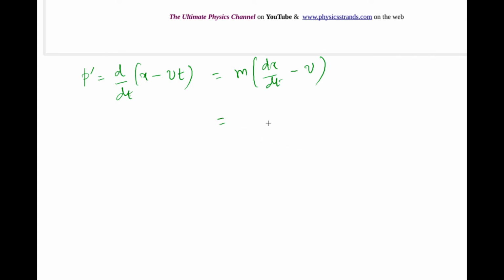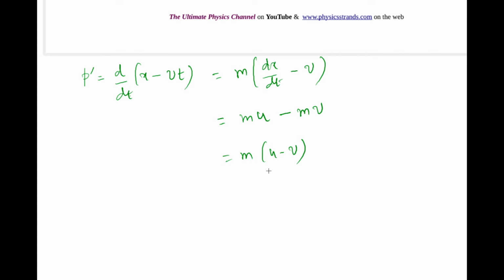This would be mass times velocity u as per our original definition, and then this is v, or we can say m into u minus v, which is a difference in velocity.